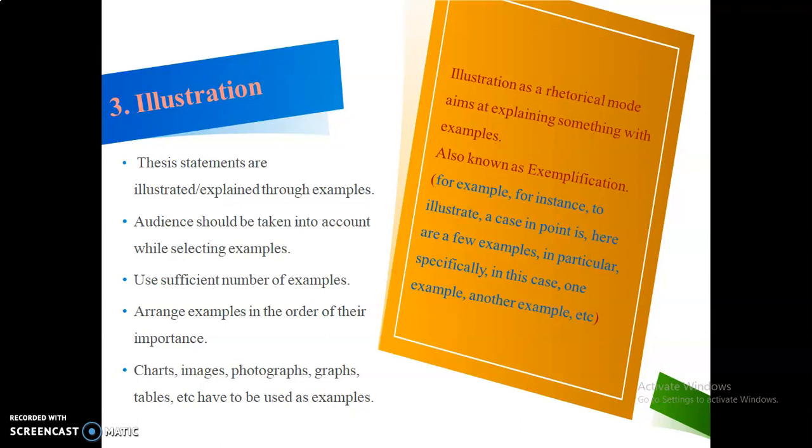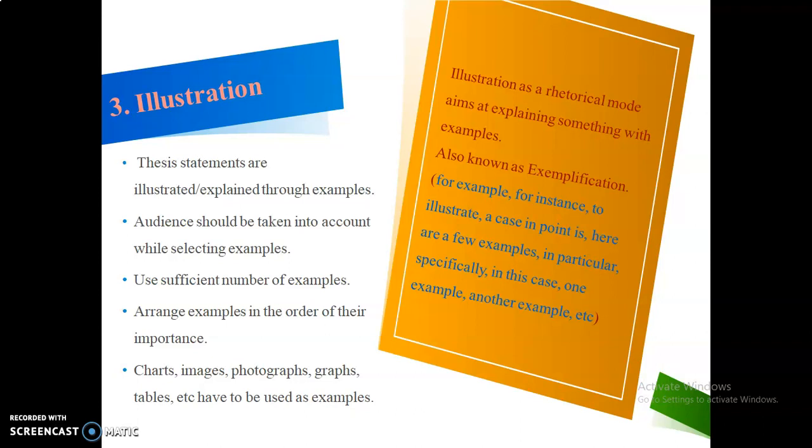So the third rhetorical strategy, which is discussed in the chapter, is illustration. Illustration, as a rhetorical mode, aims at explaining something with examples. This is a particular method of writing academic essays using examples in order to substantiate our point.